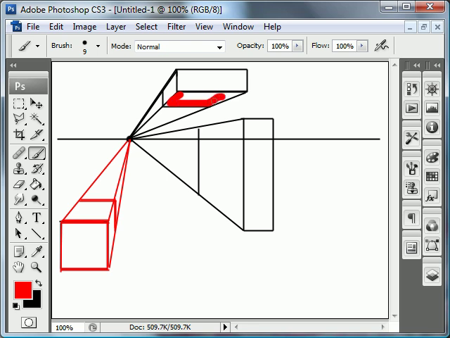The underside is the part that I'm highlighting in red here. By the same token, if you draw an object below the horizon line, as in this cube down in the lower left, you will instead see the top side of that object.